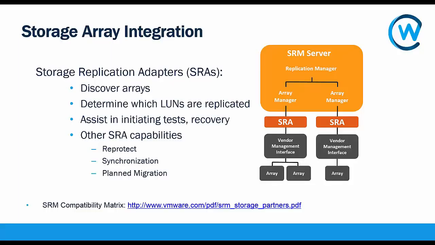It covers things like reprotect, planned migration, synchronization, things like that. We'll go into those in a bit more detail shortly. So effectively, you have one in your DR site and one in your production site.